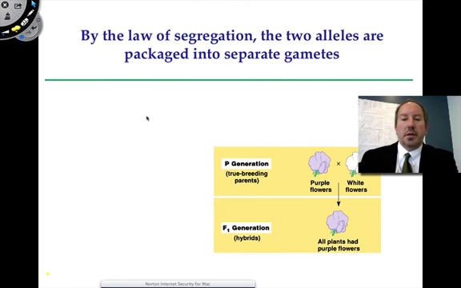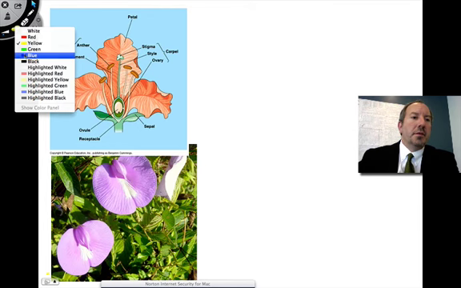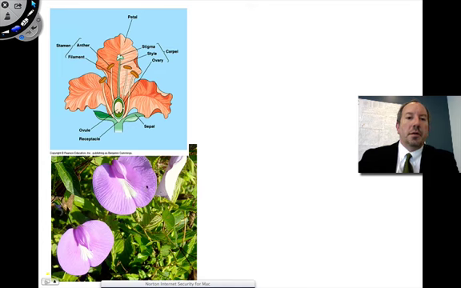And so, as I was saying before, the first generation is all purple. What's fascinating is these F1 plants that were all purple. So here are all the purple hybrids.